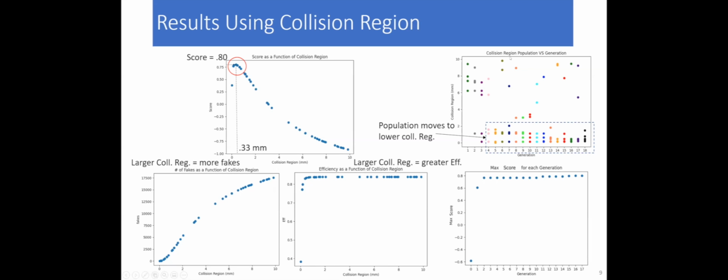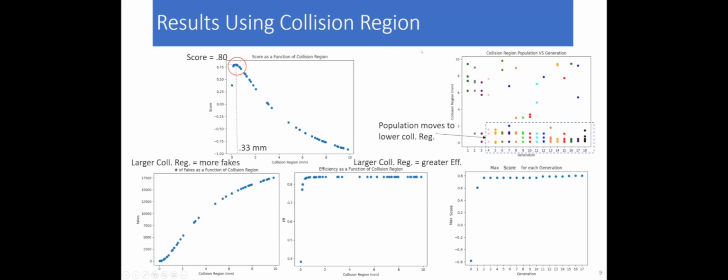And here in the top right graph, this is just an interesting way to see how the individuals evolve over time. They settle closer to these lower collision region values as the generations go on, which is good.